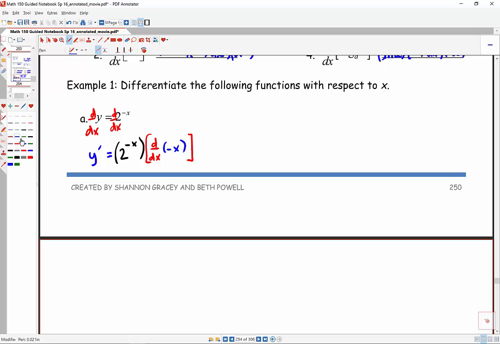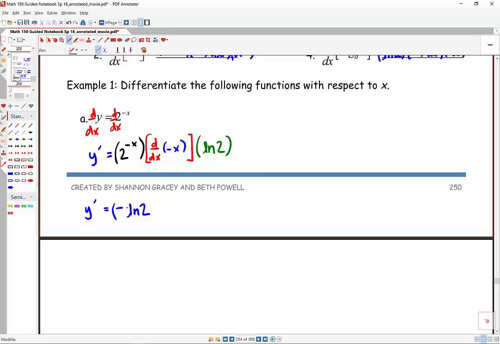And then don't forget, we got to multiply by, beautiful, natural log of 2. So we'll have y prime is equal to, perfect, negative from the derivative with respect to x of negative x, so that's negative 1, and then natural log of 2 times 2 to the negative x.